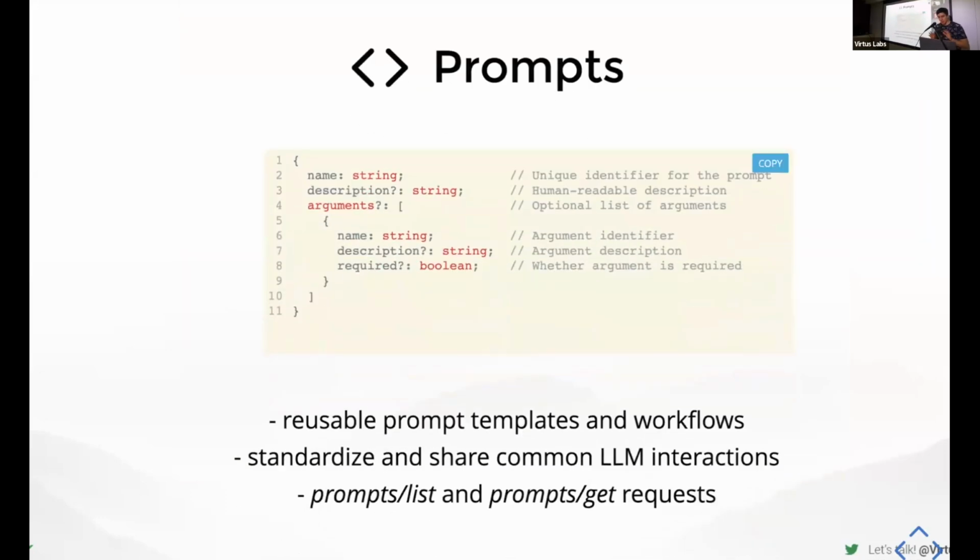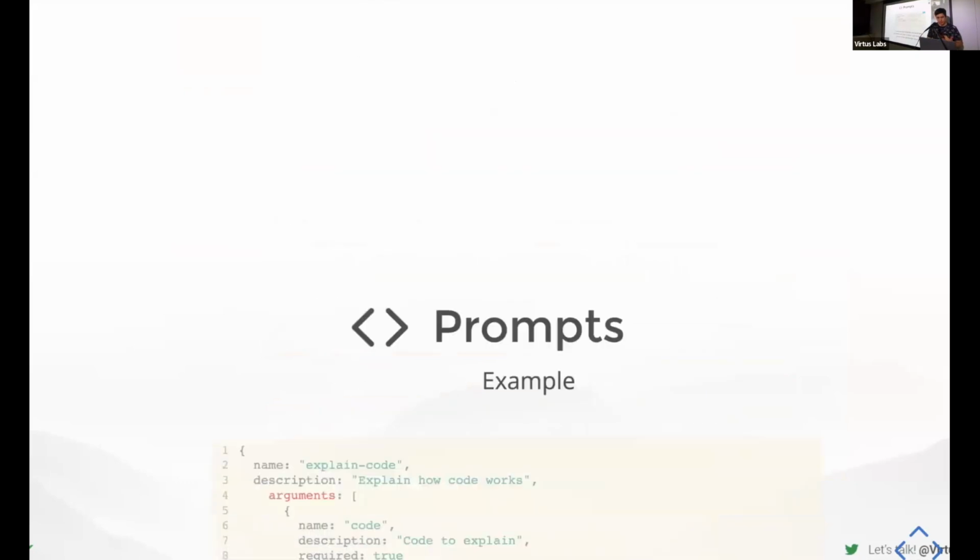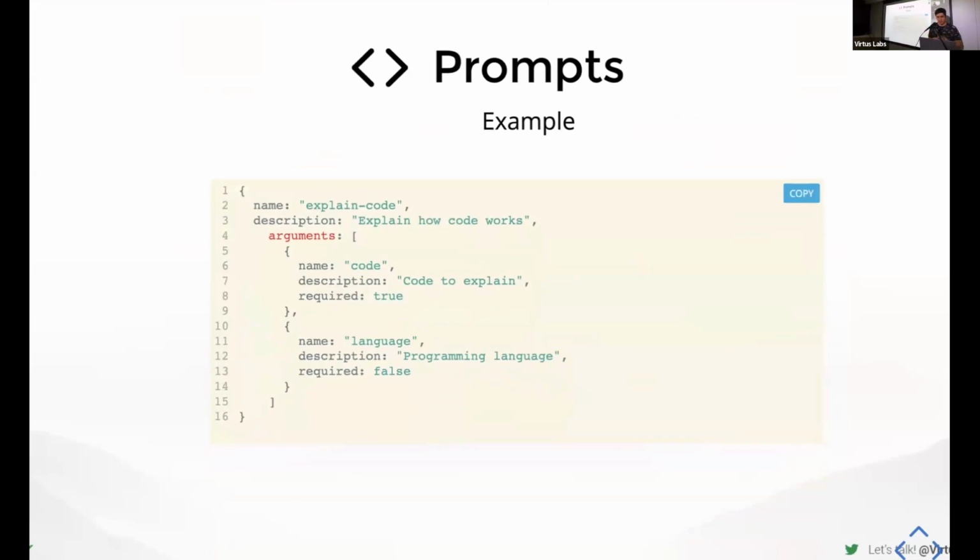And the last thing, we also don't use it that much, are prompts. So you can query the MCP server for its kind of templates for prompts, and get some ideas on how to, for example, debug a problem. Here's an example. I think the examples are much better than looking at the schema. So you can have a prompt called explain code, and you can have arguments to send.